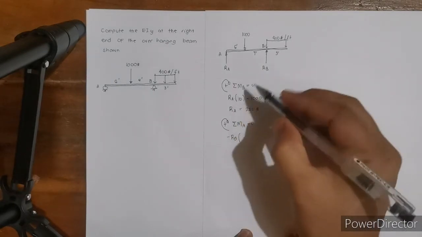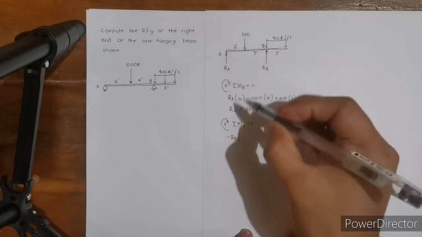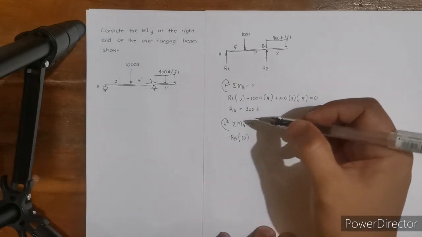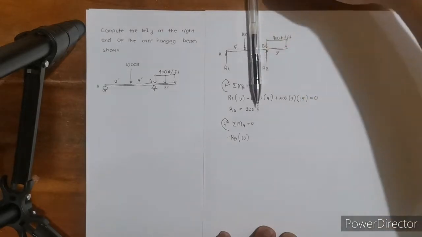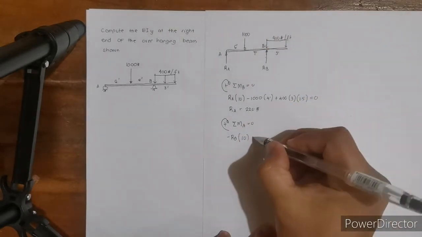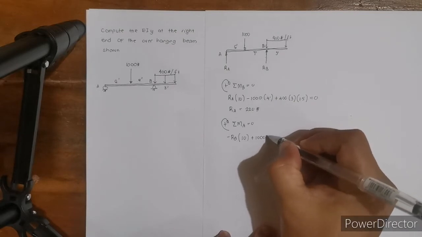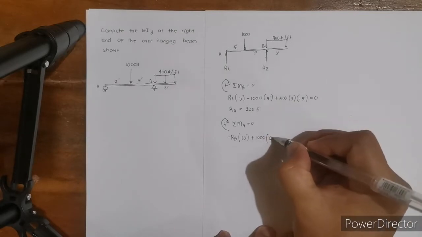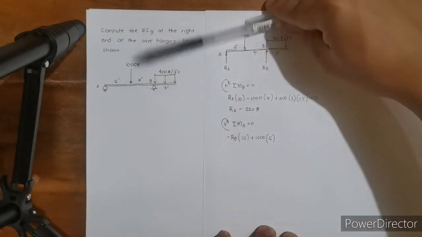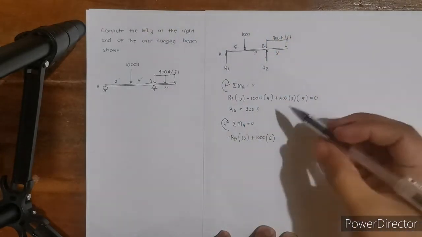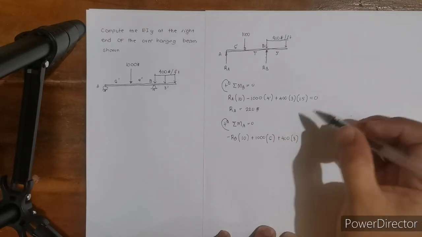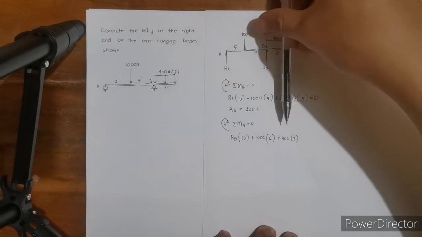RB multiplied by the perpendicular distance, a total of 10 feet. 1,000, papunta kay point A, ang galaw ay clockwise motion, positive, multiplied by 6. 400, papunta kay point A, clockwise also, plus 400 times 3.